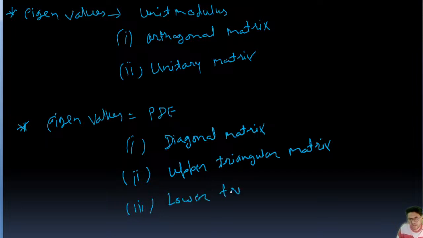If it's a diagonal matrix, all the elements will be 0 except diagonal elements. In an upper triangular matrix, all the elements below the diagonal will be 0. So for a diagonal, upper triangular or lower triangular matrix, the eigenvalues are going to be equal to the principal diagonal elements.